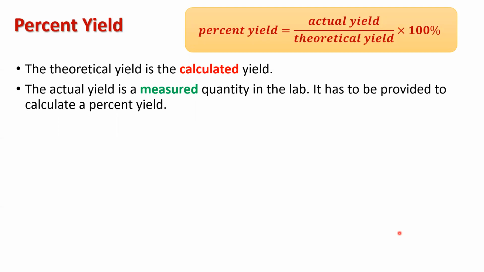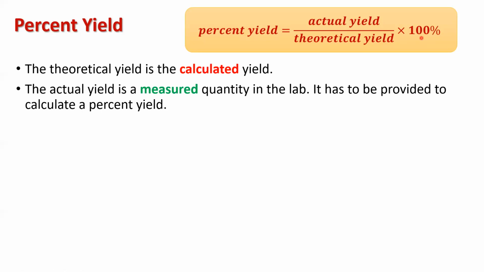To calculate percent yield, we take the actual value, which is the measured value that we get in our lab, divide it by the theoretical value, that's the calculated value or the right answer or what we get from our stoichiometry problem, and we're going to multiply it by 100.